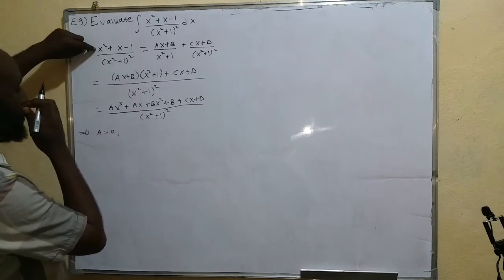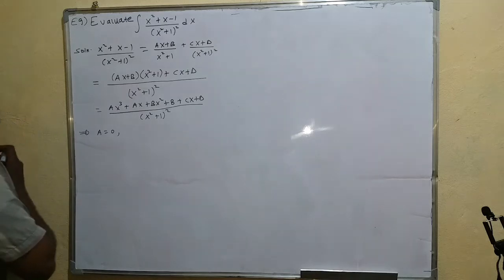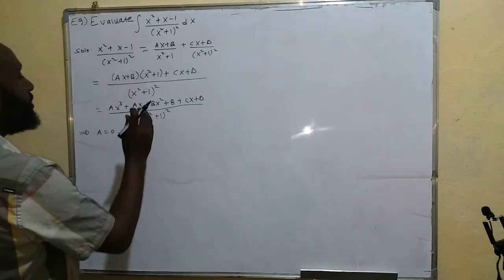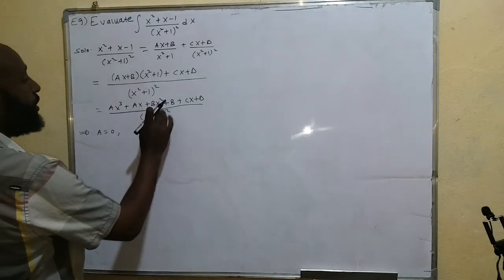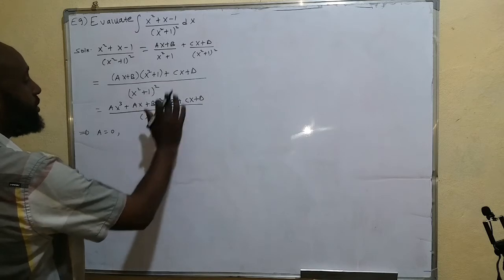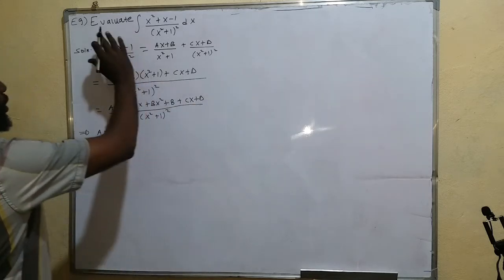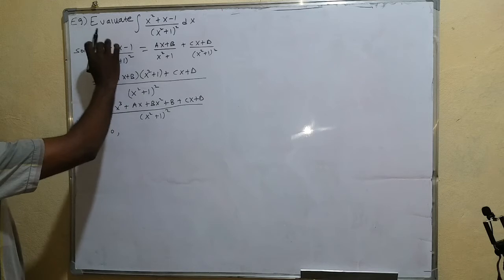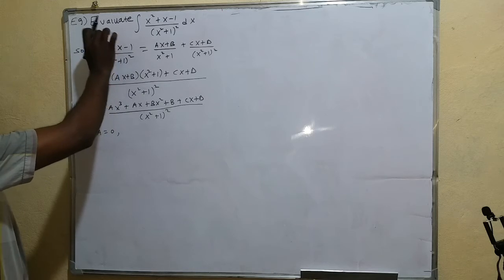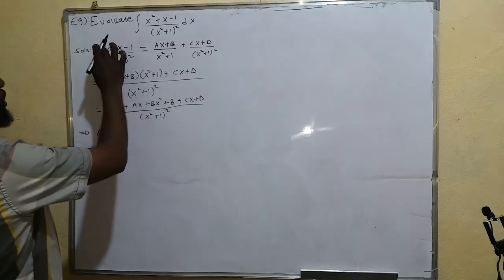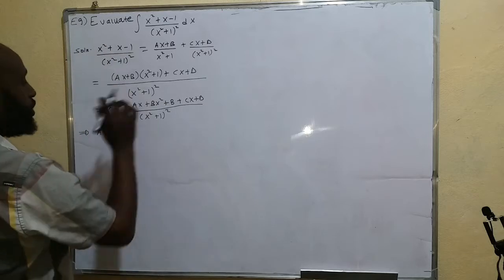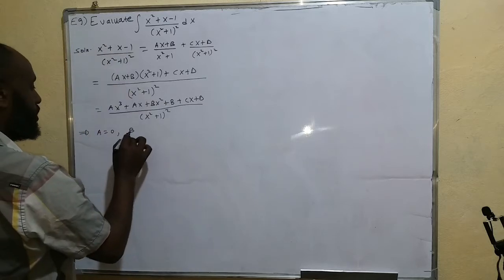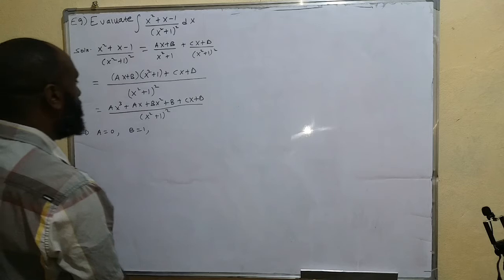The next thing is the coefficient of x squared. This is the only x squared term on the right hand side, and the only x squared term on the left hand side. The coefficient of x squared is 1 on the left, and b on the right. Therefore, b is equal to 1.